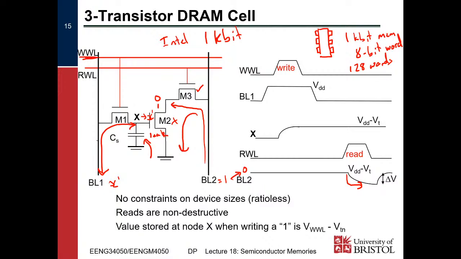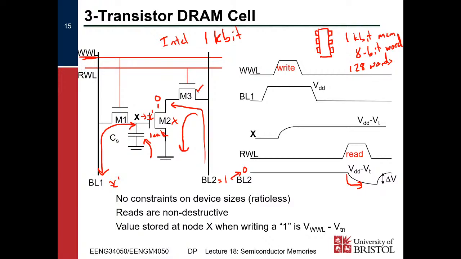So it doesn't matter what the capacitance is because we give a constant current to bit line 1 and we want to overwrite X, okay? So it doesn't actually matter because we're storing a lot of charge into CS in that operation.